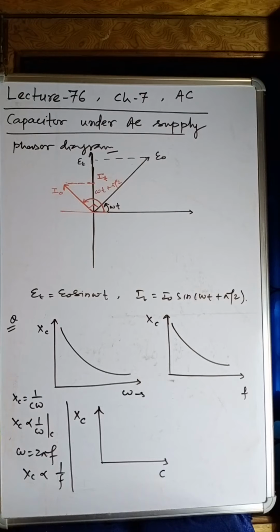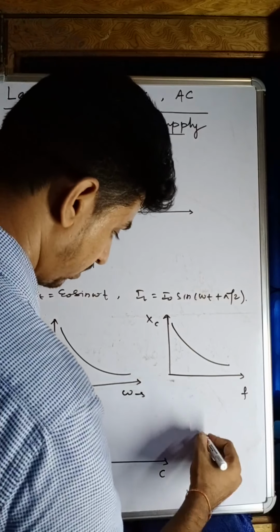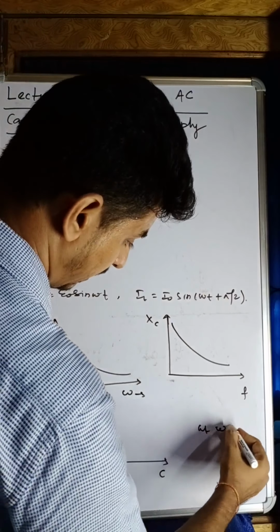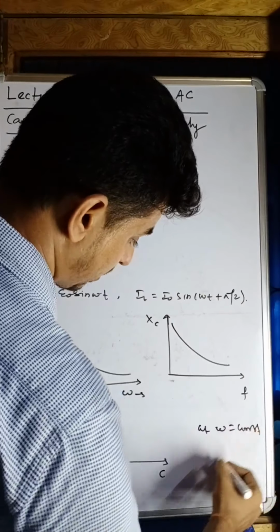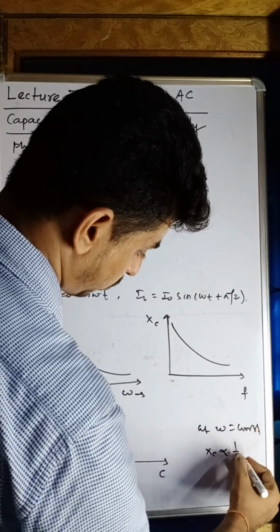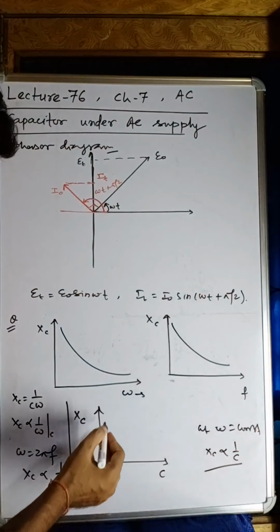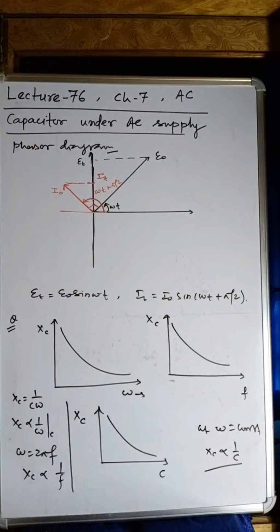If omega is constant, Xc is again inversely proportional to C. All the graphs are similar. So this is the graph of the different quantities.